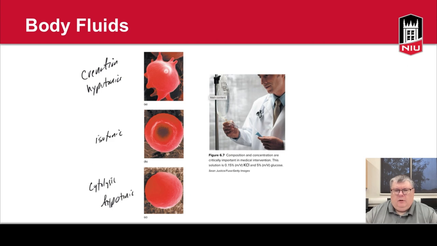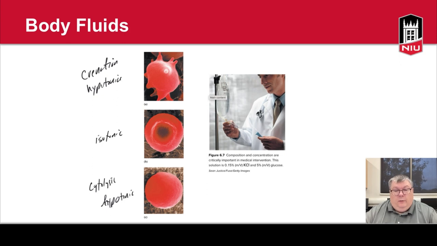Okay? This is also one of the ways that you can perk up celery. Oddly enough, if you have celery that's gone limp in the refrigerator, if you put it into a water solution, the water is hypotonic compared to the interior of the cells of the celery, so water will flow into the celery cells and actually fill up the central vacuoles of the cells, which causes pressure to build, what's known as turgor pressure, and the celery will perk up and be crisp as ever.